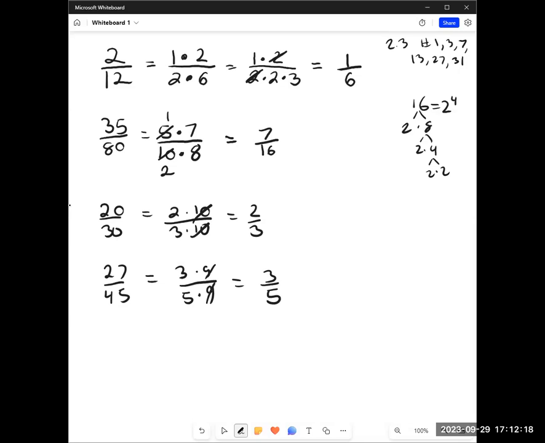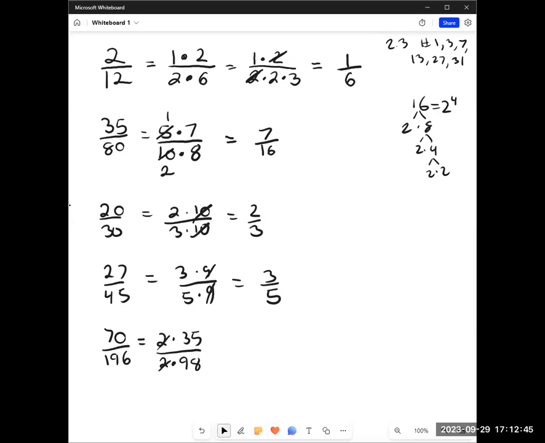Our next one is 70 divided by 196. So we know that they're both even numbers for sure, so we can break them down that way. Let's start there, that this is 2 times 35, and this is 2 times 98. Those 2's will cancel.